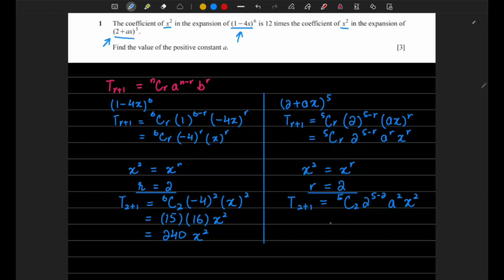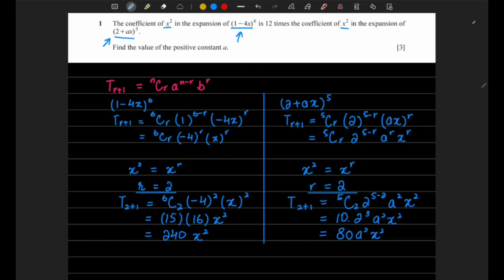Okay, so 5C2 is 10. We use the combination, 5C2 is 10 directly from the calculator, and 2 to the power 5 minus 2 is 2 cubed, a squared, x squared. 2 cubed is 8, so 8 times 10 would be 80a squared x squared.